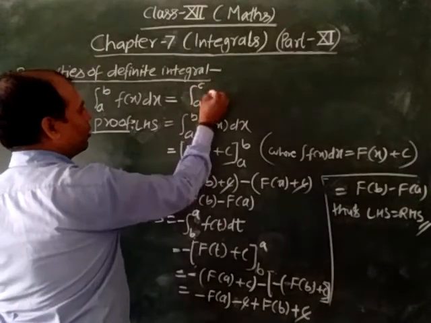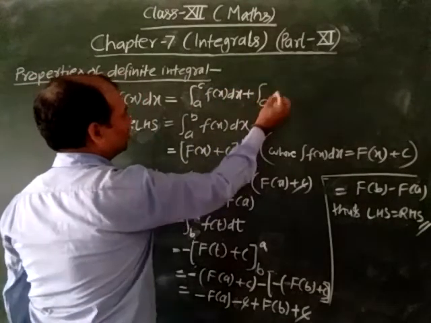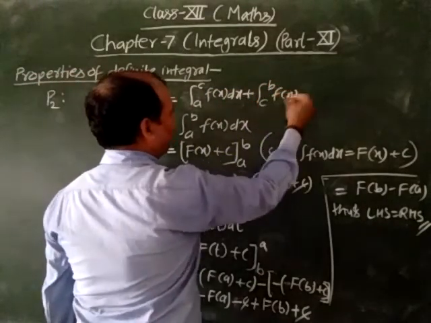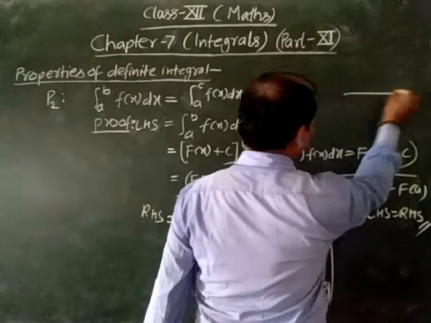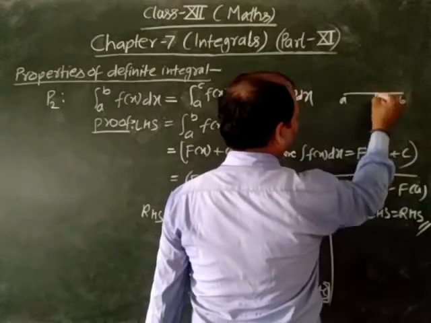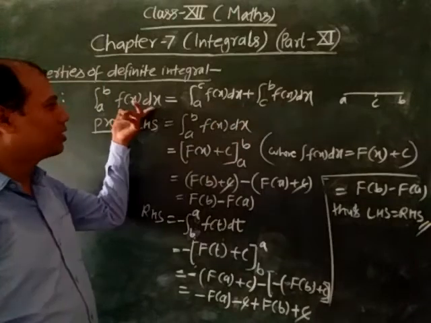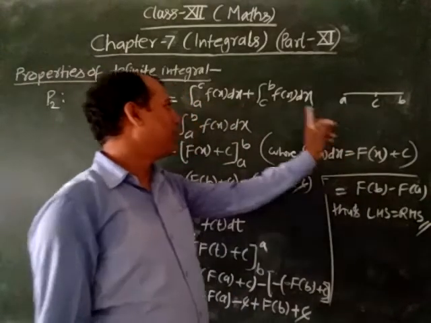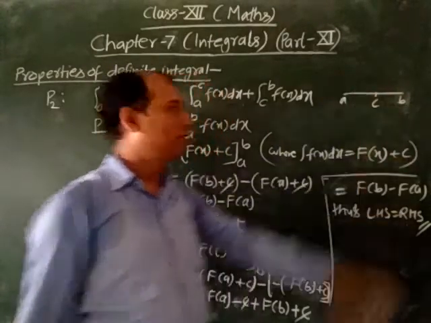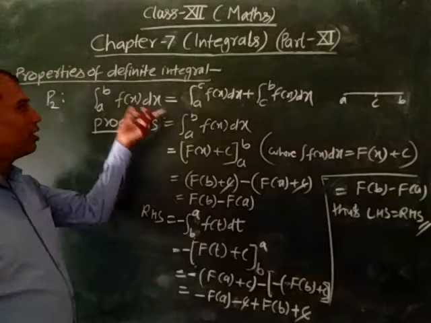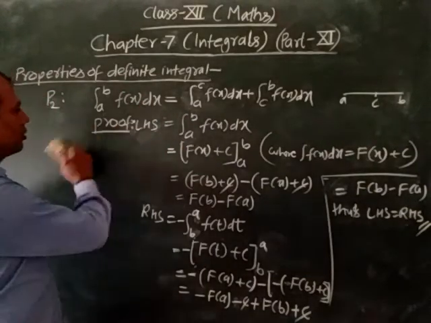One integral is a to c f(x) dx plus another integral is c to b f(x) dx, where c is a point in between a and b. So in this case, we can split this integral into two integrals. One integral has the limits a to c, and the second integral has the limits c to b. Now the proof of this can be done in a similar manner as we did in the previous property.